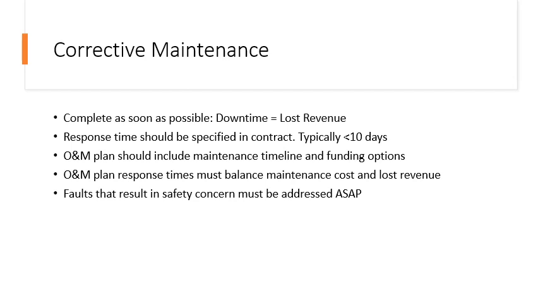So in that contract, if you have something corrective come up, you want to make sure that the timeline is specified in the contract, and that's typically less than 10 days. 10 days of downtime could be a lot of lost revenue. So not only the timeline needs to be in the contract, but also funding options. So how much it's going to cost and how you're going to fund it, and planning that out. And so again, we're back to you have to balance those maintenance costs and the lost revenue.